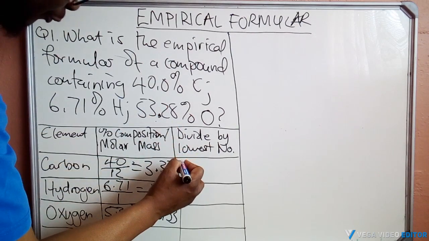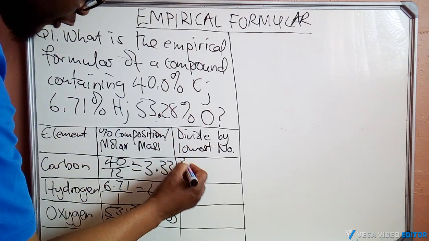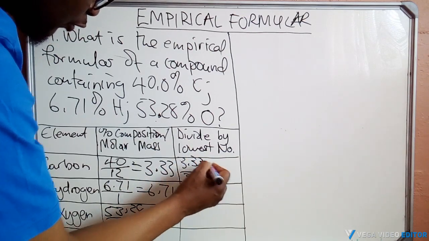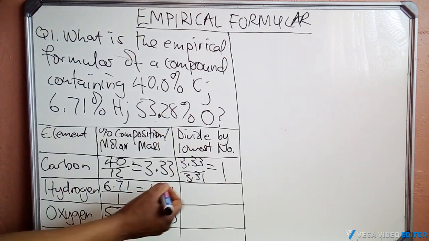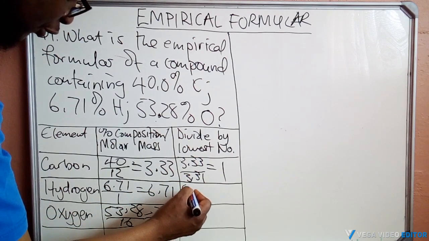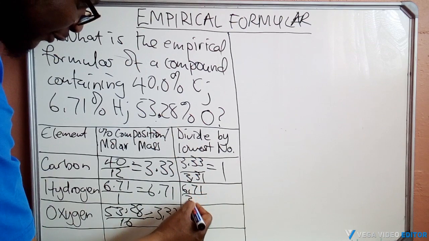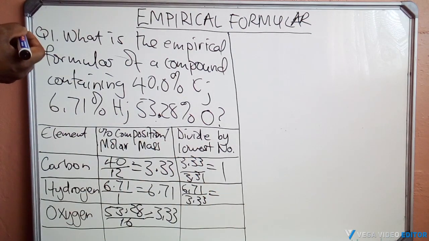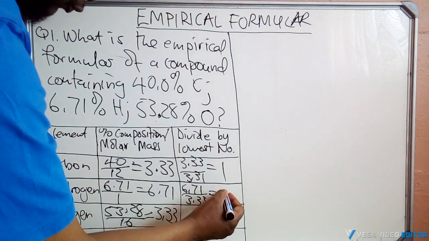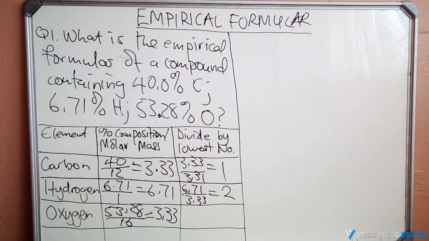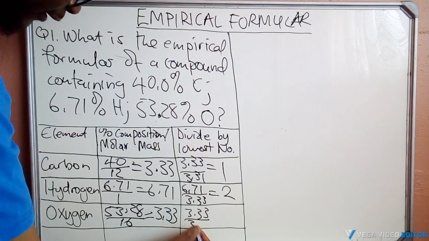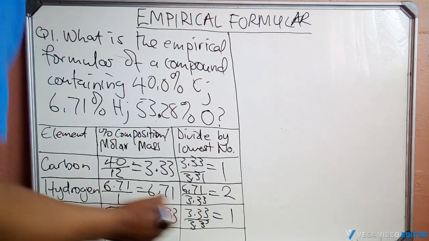We take the first one, 3.33 divided by 3.33, which will give us 1. And then 6.71 divided by 3.33 will give us 2. And then the next one, 3.33 again divided by 3.33, is going to give us 1.